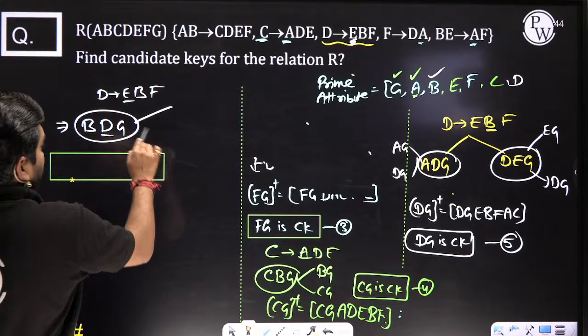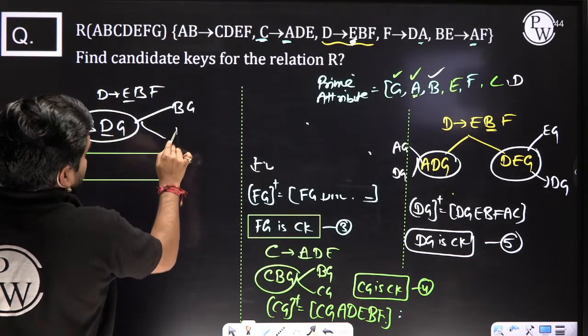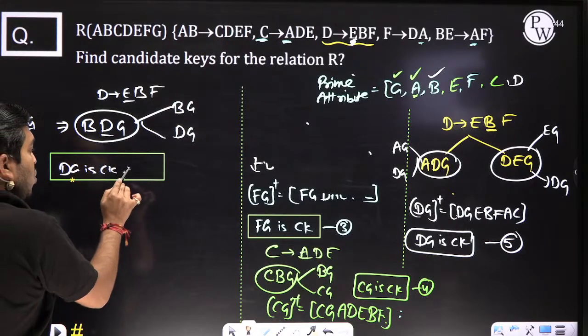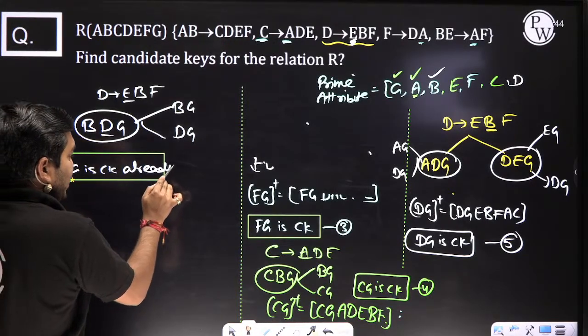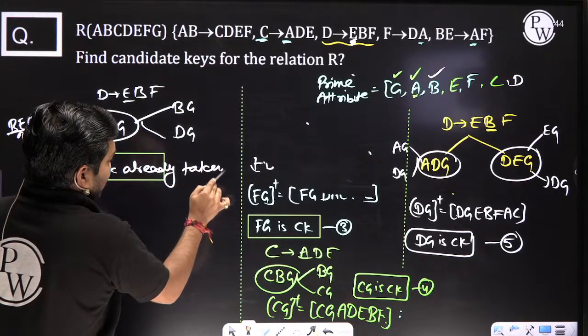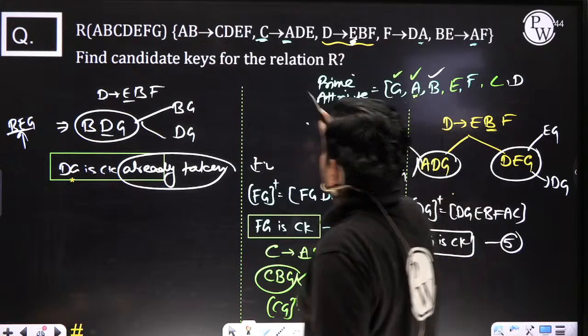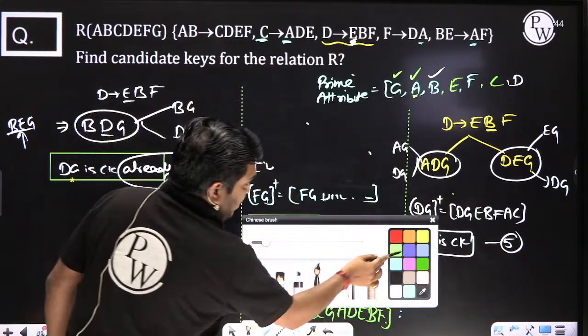But when you break it, the D candidate key is already taken. E work is done.